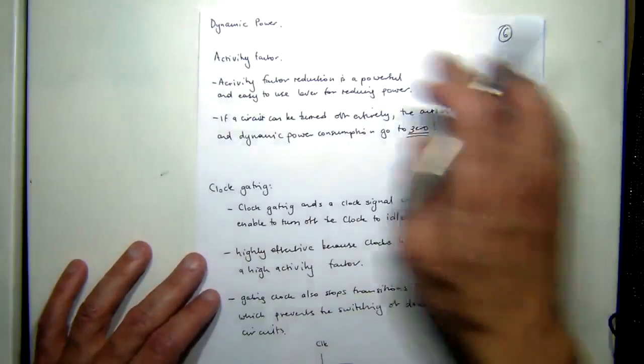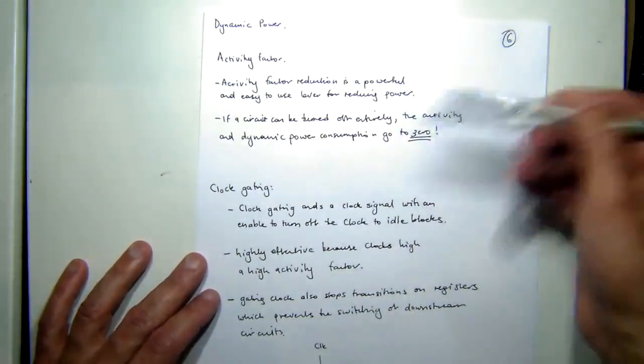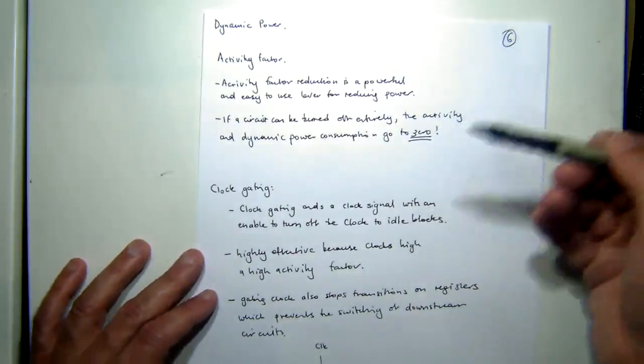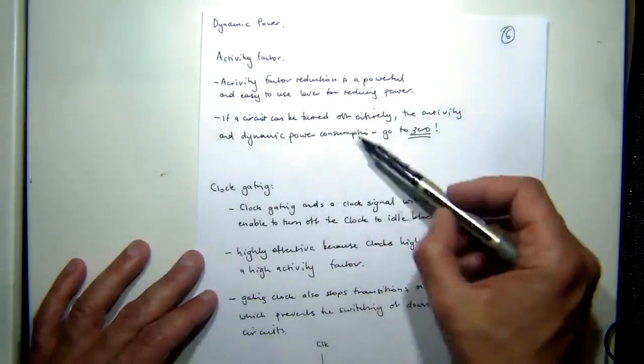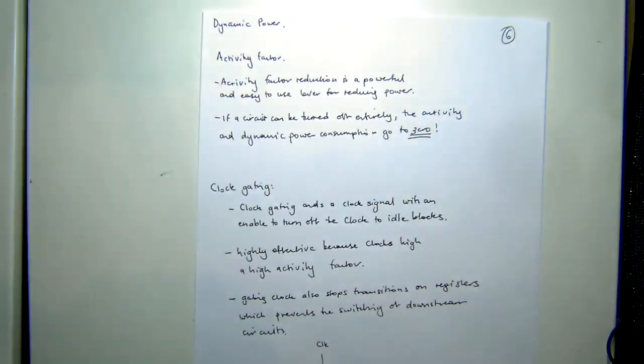Here again, I'm just emphasising that if you reduce the activity factor, that's a very powerful way of reducing dynamic power consumption. Essentially, if you're not switching a device or changing the transition of the device, it's not consuming dynamic power, right?